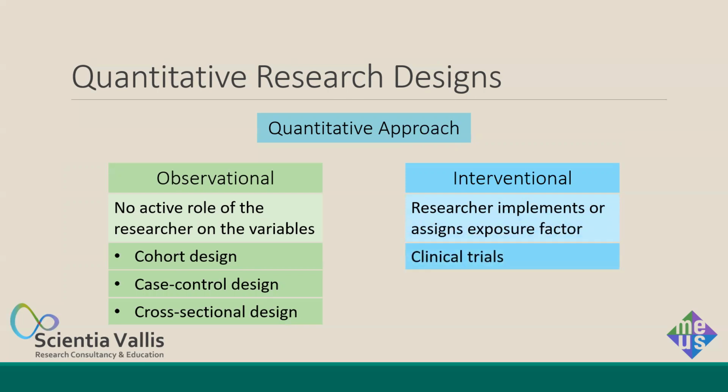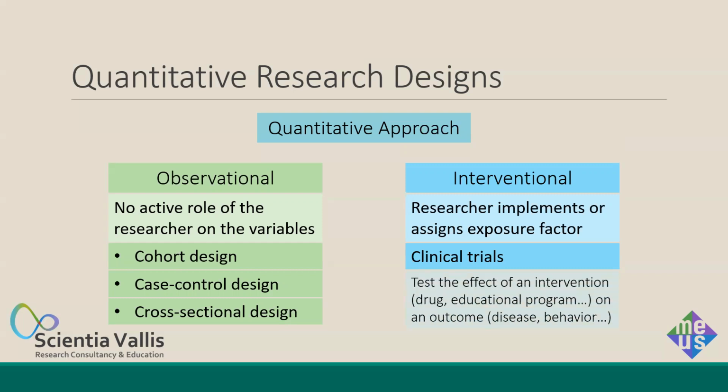As the name implies, trials are designed to test the effect of an intervention, for example, a new drug or an educational program, on an outcome, for example, a disease or a behavior. In other words, trials are designed to establish a causal relationship between the intervention and the outcome.